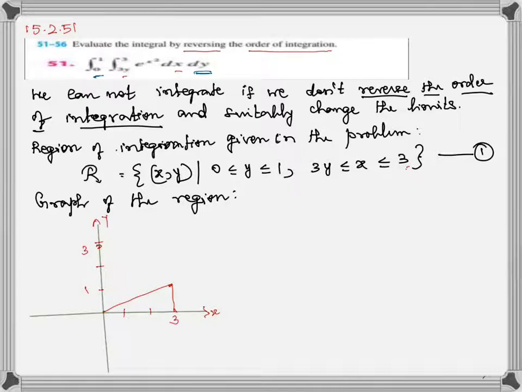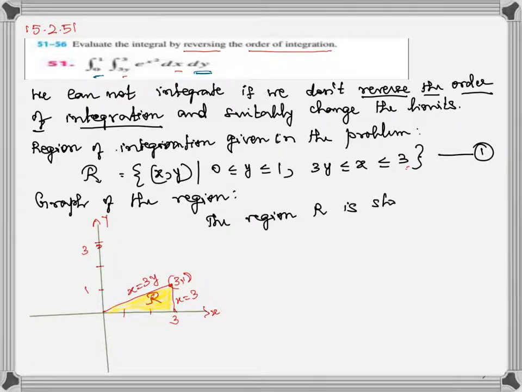We are also given the graph x equal to 3y, which is this line here. Then they meet at the point, and the region is shaded here. This point is going to be (3, 1), because if you plug in y equal to 1, x becomes 3. So this is the region given in the problem.